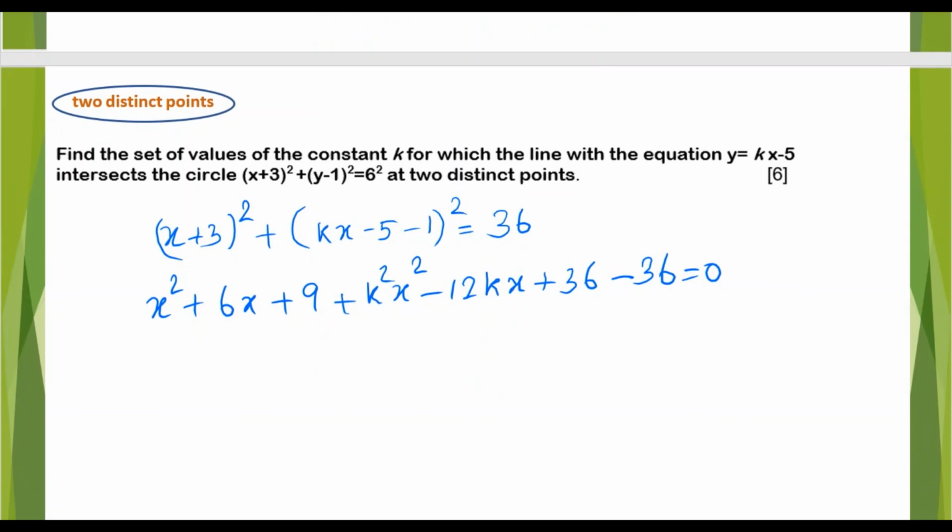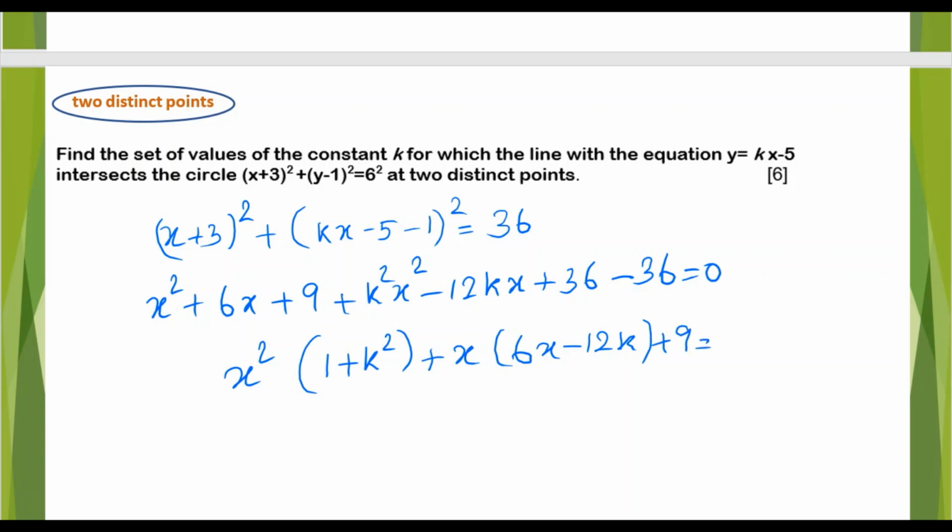You can see the 36 minus 36 gets cancelled. Now combine the x square terms. You will get x square times 1 plus k square plus x times 6 minus 12k plus 9 equal to 0.